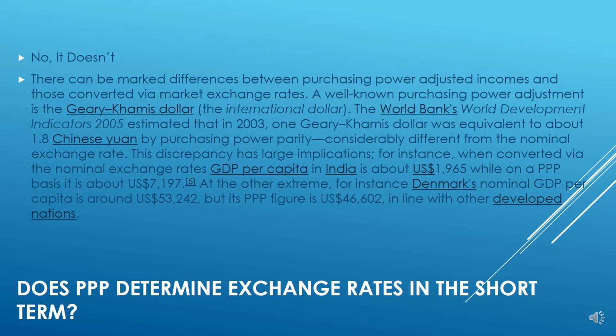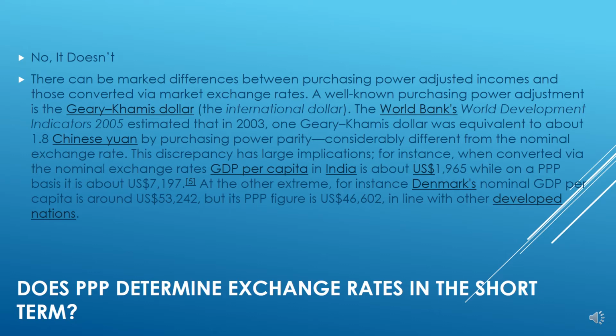This discrepancy has large implications. For example, when converted via the nominal exchange rates, GDP per capita in India is about 1,965 US dollars, while on a purchasing power parity basis, it is about 7,197 US dollars.